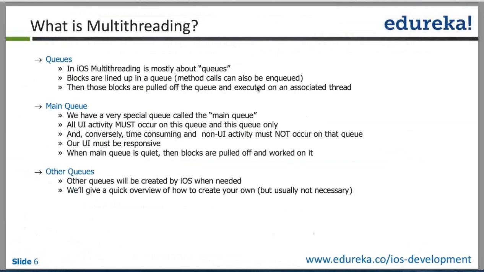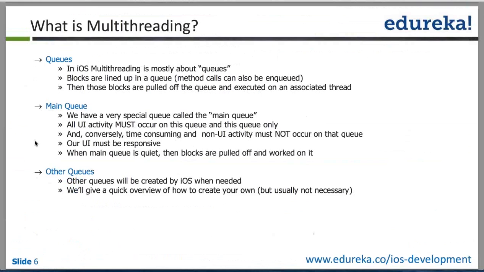Are they thread safe or not? You have to do a lot of things. But whenever you create a queue and do things on these queues, they will manage these threads automatically. You don't need to lock something or do modifications on those variables and all those things.